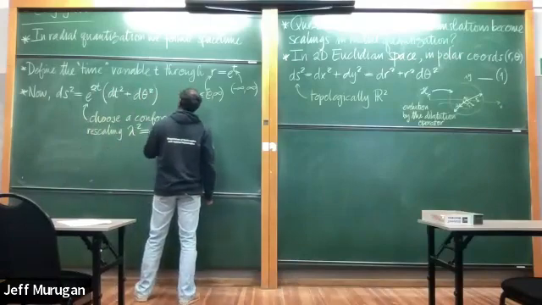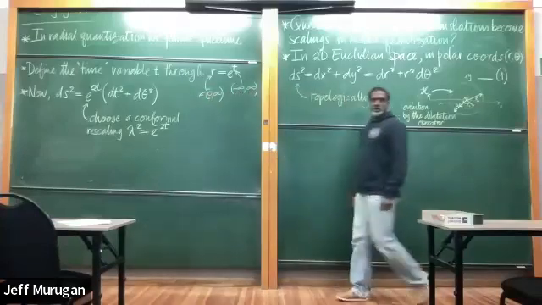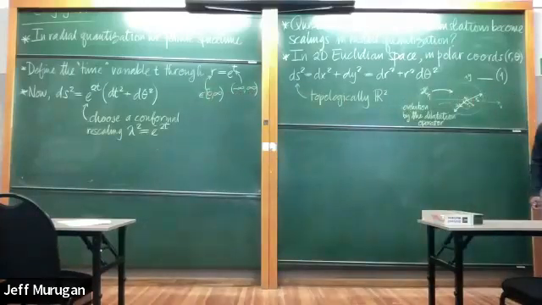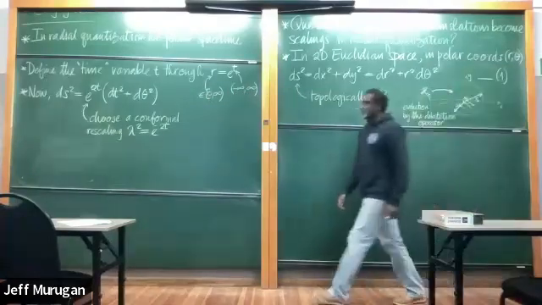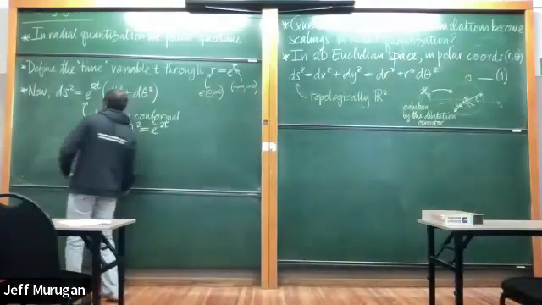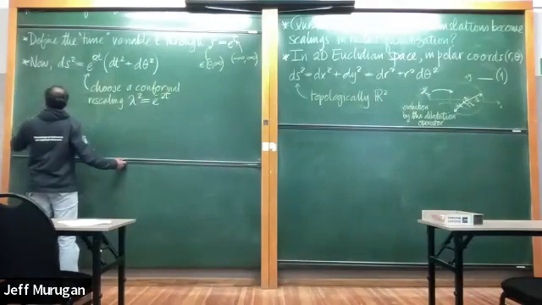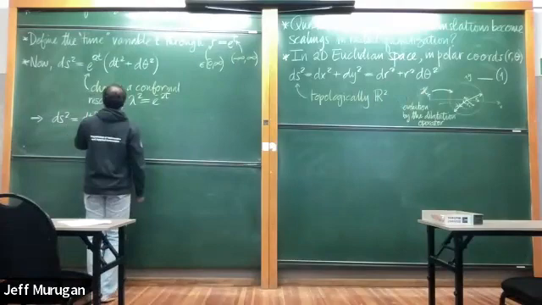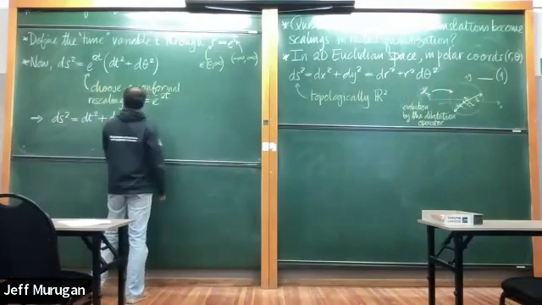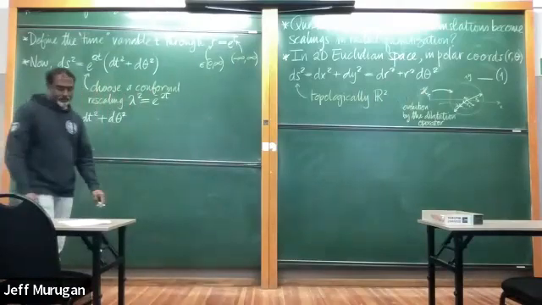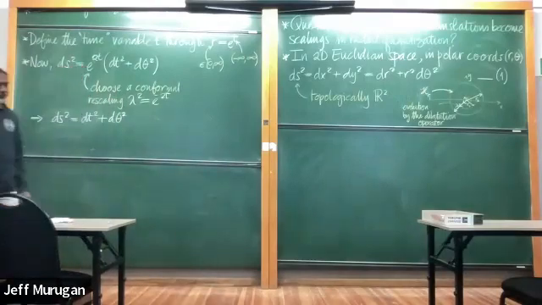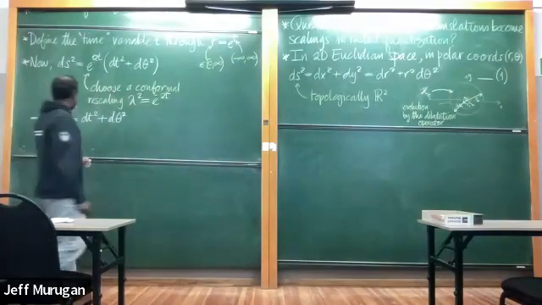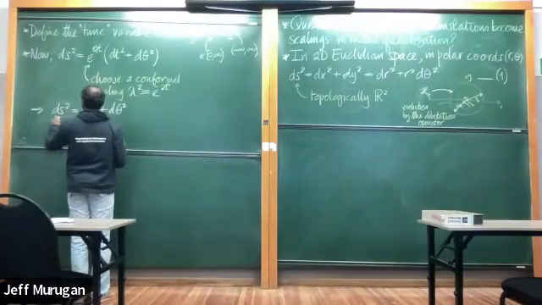I'm going to choose e to the minus 2t. If I choose this and implement a change of variables, then this will rescale the metric, and ds squared is just dt squared plus d beta squared. And then I ask, what is this? This is the metric of a cylinder. Okay, so this is topologically a cylinder.